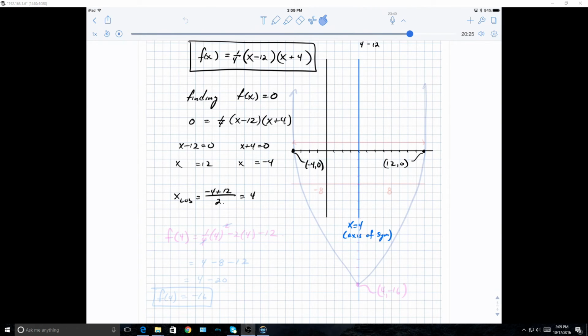Then what we should see, going forward and backward from this point, is that there should be 8 units going to here and 8 units going to here.